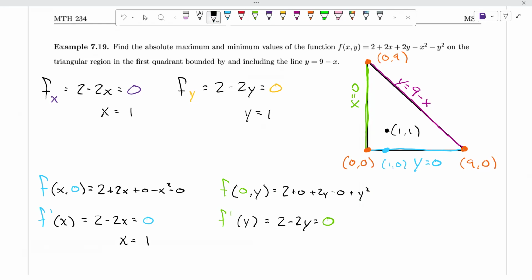And I get the solution, y equals 1. Kind of a lot of symmetry going on in this problem. And again, I am stuck to the green line this time. So I'm going to get the point right here at 0, 1.